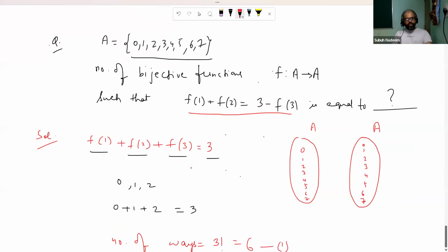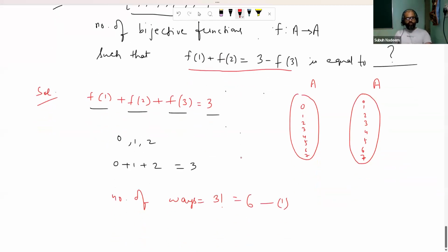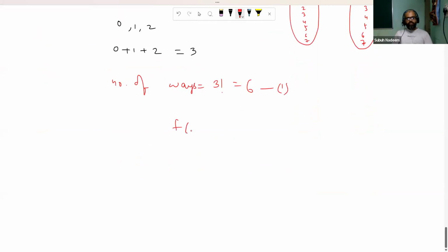Now what is remaining? 0 and 4, 5, 6, 7. What are their mapping? If we talk about their mapping, f(1), f(2), f(3) is done. Now we have f(0) and f(4), f(5), f(6), f(7). So 0, 1, 2 have already been covered.